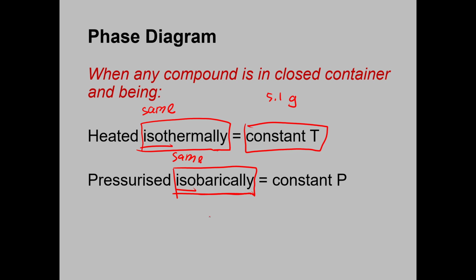Barically is another word for pressure lah. Okay. Some question dia tak bagi tahu apa yang constant, so you don't know nak guna Charles ke Boyles. So you tak tahu, tapi dia cakap isothermally ataupun dia cakap isobarically, then you know. Okay.